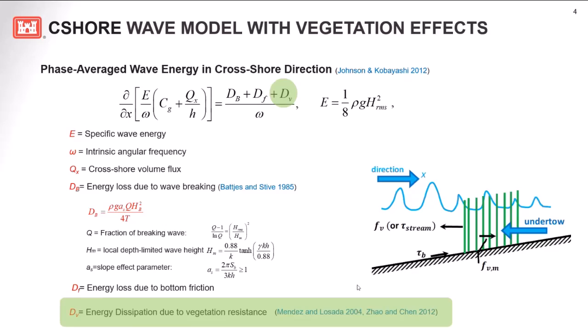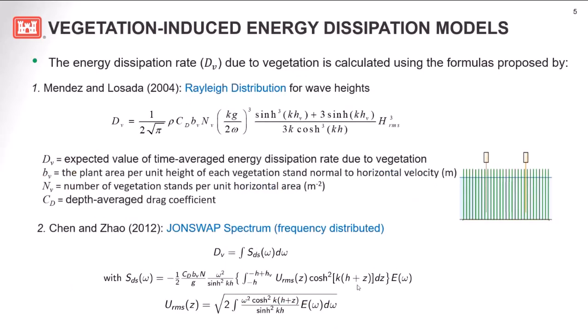There are two models included as options to determine this energy dissipation. The first option was proposed by Mendez and Losada in 2004, and this extended the formula in Dalrymple et al. 1984 to random waves.